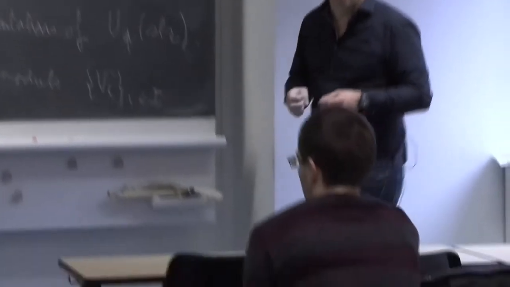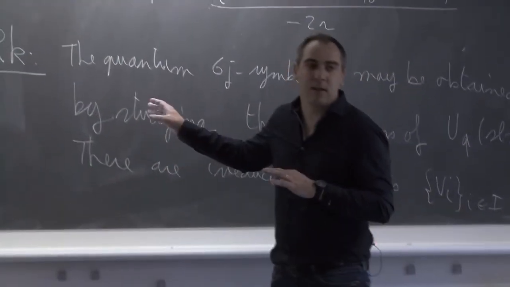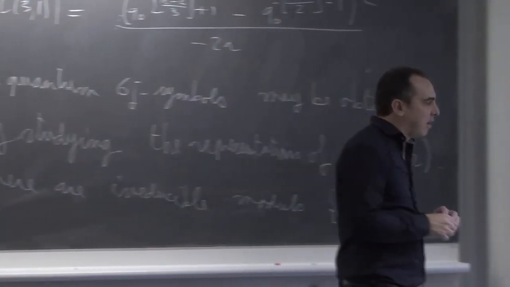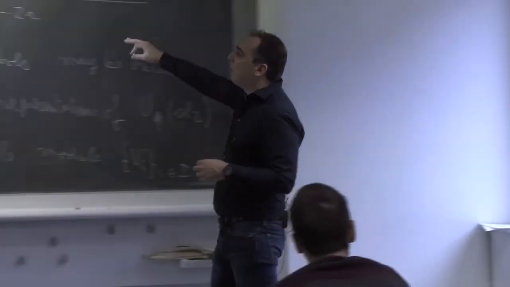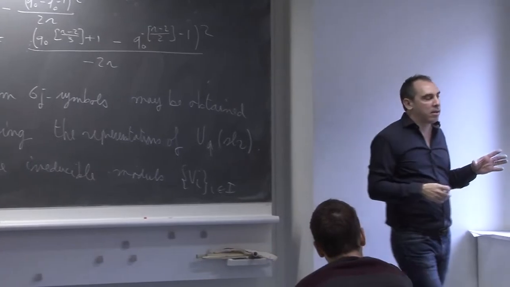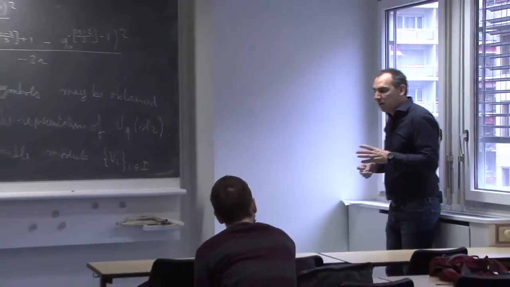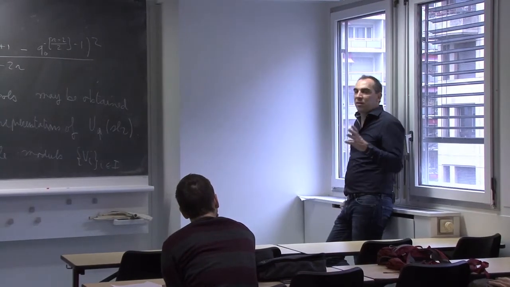Okay. There should also probably be some kind of physical interpretation of this, right? Yeah, so in some sense, this invariant, the Turaev-Viro invariant, is a model for 2+1 quantum gravity.